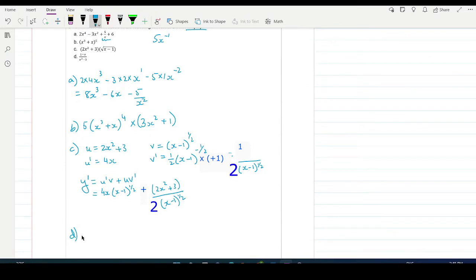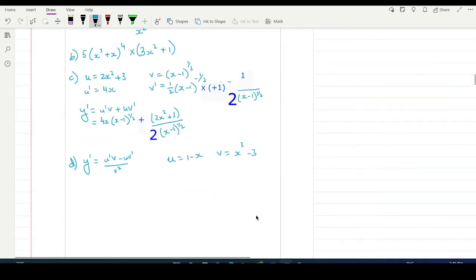For this we can use the quotient rule, which tells us that y dash is u dash v minus u v dash over v squared. Our u in this case is 1 minus x, and our v is x cubed minus 3. So our u dash is going to be negative 1, and our v dash is going to be 3x squared.